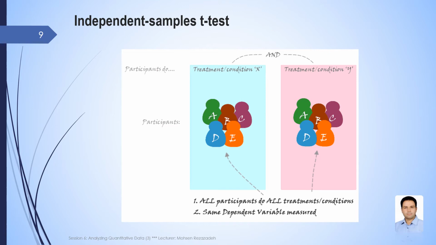But the fact is that here the dependent variable which is measured should be the same. At the end, we run a post-test for both groups, and that post-test should be one thing. For example, for both groups, it should be a writing test with the same topic. Later on, you can analyze the results using the independent samples t-test.